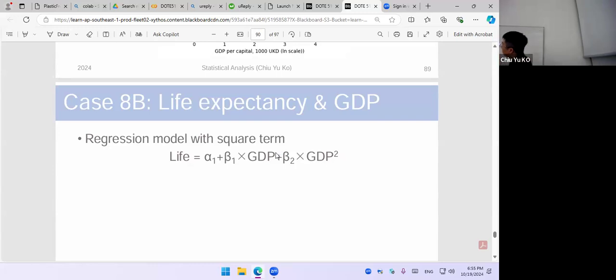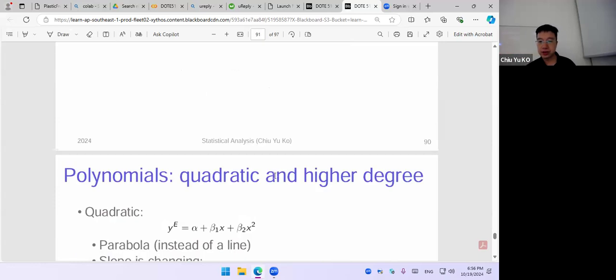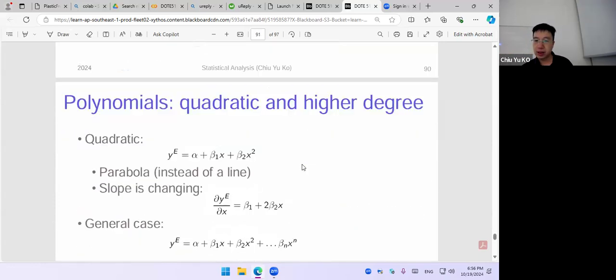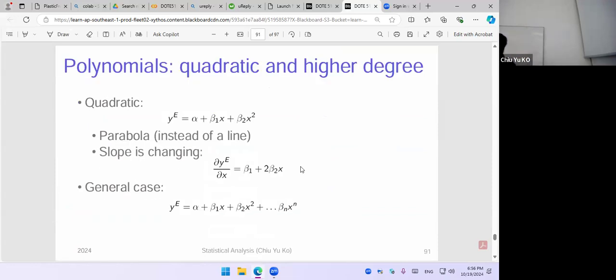Here we have allowed that to be nonlinear. And that turns out not to be something complicated to do in Python. The only troublesome part is the interpretation.